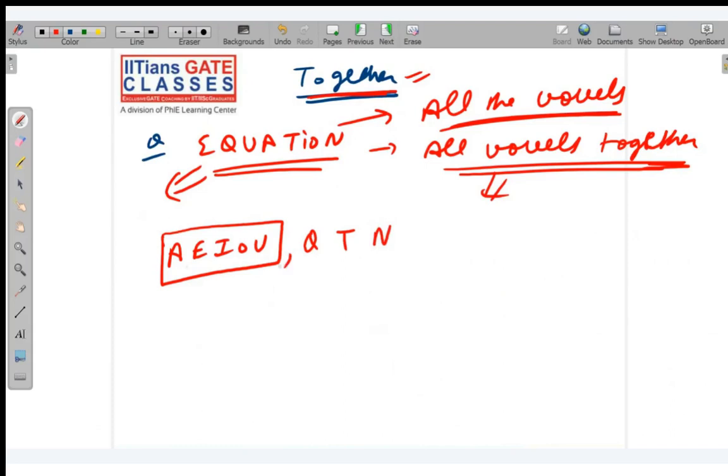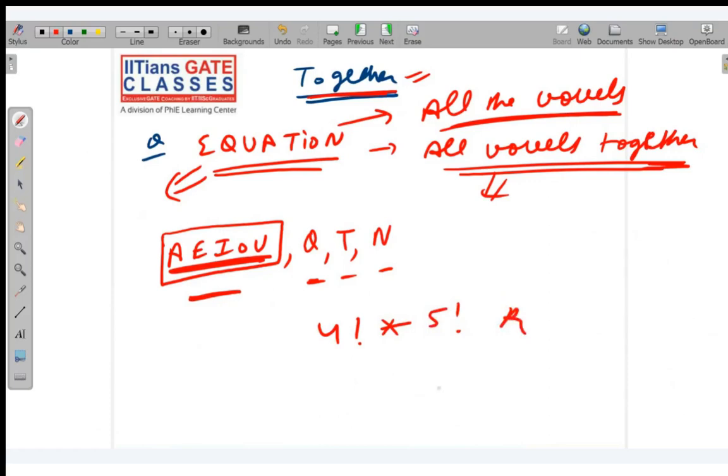Now how many letters are there? 1, 2, 3, and 4. 4 letters. So how many ways to arrange them? Obviously 4 factorial ways. Now after 4 factorial ways, our work is not yet over, because here also we can do arrangement. So how many arrangements are there? 5 letters are there. So how many ways can you arrange them? 5 factorial ways. So this is my answer.